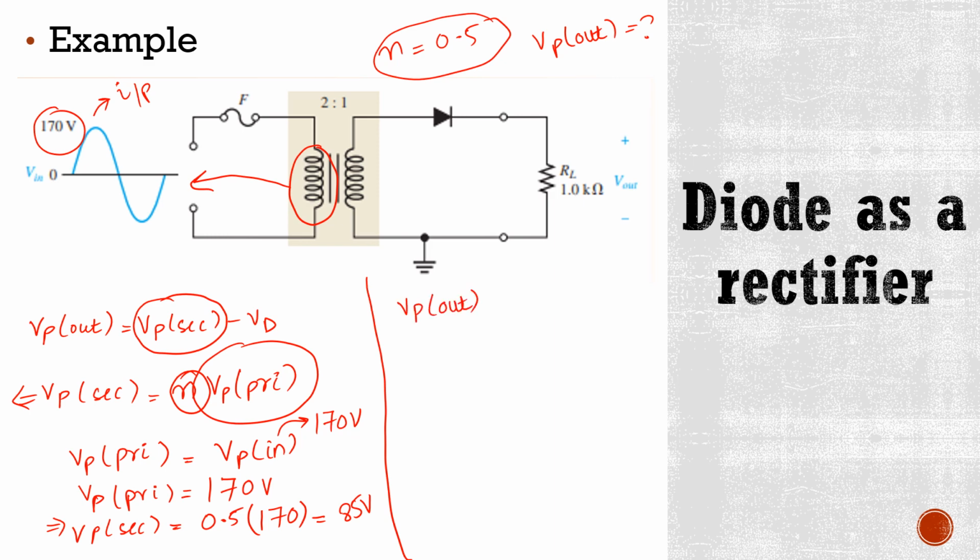So what will be peak output voltage? If this diode is ideal, then this peak output voltage will be peak secondary voltage. It means now peak output voltage is equal to 85 volts.